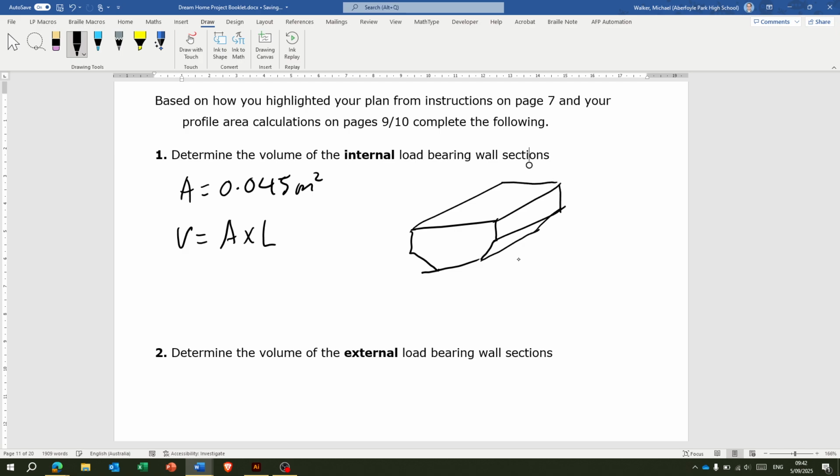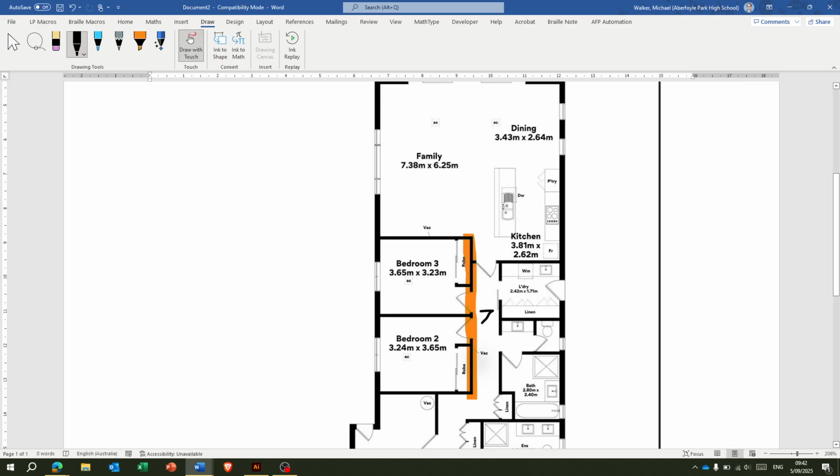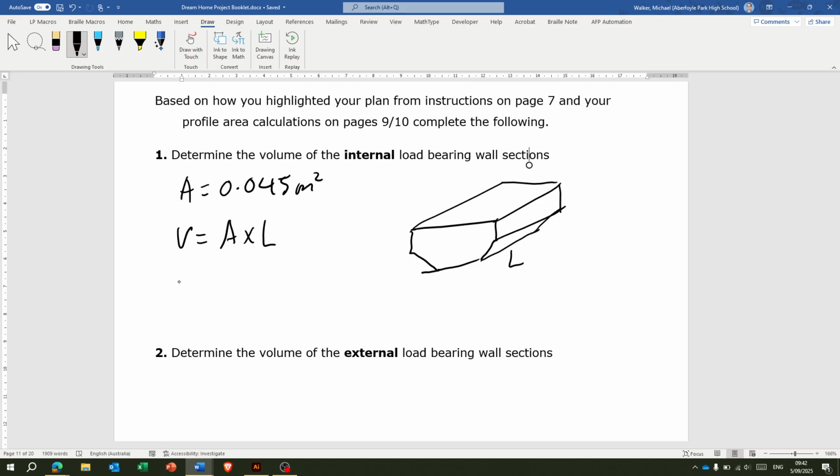And so the length here, how far into the page it's going, well, that's determined by how long this wall is, because that's how long the extrusion is going to be. So it's 7 meters for me. So I would do volume is equal to the area, which is 0.045, times 7.